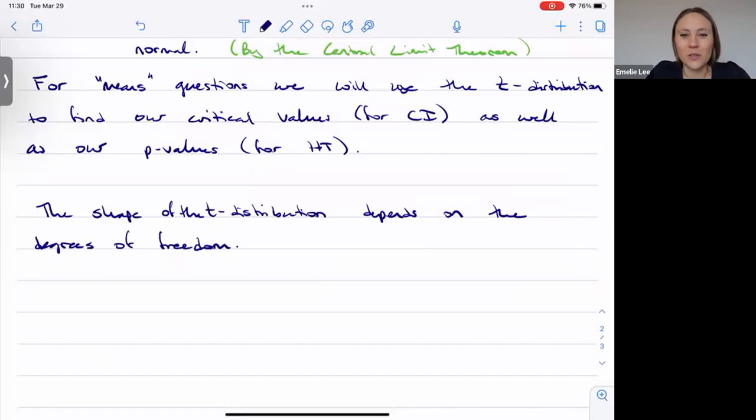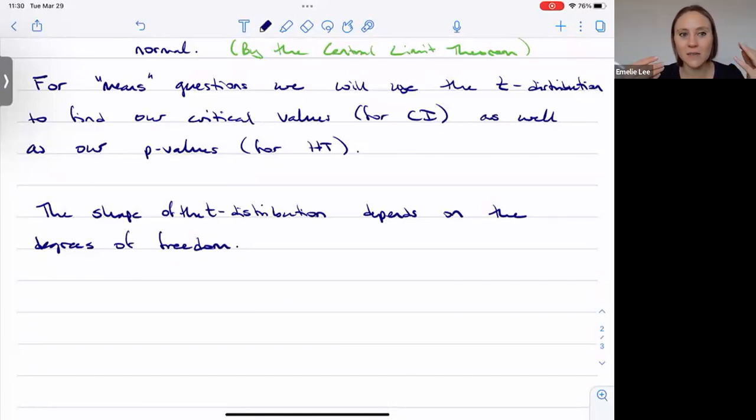How we find the degrees of freedom depends on what type of data we have, right? So for one sample means, it's going to be your sample size minus 1. That's very similar to proportions, where it was the number of categories minus 1. But when we introduced more than two variables, we had to take the number of rows minus 1 times the number of columns minus 1.